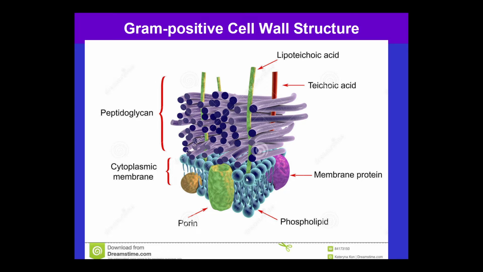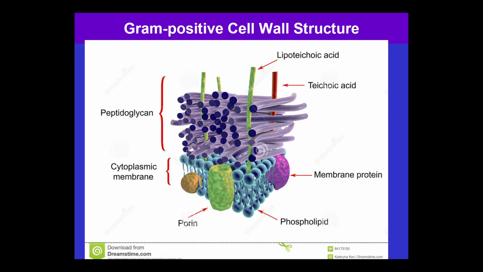And again, I would like to demonstrate a very nice, comparatively new picture of the cell wall structure of gram-positive bacteria, where the layers of the peptidoglycan are shown as the violet tubes here, right?